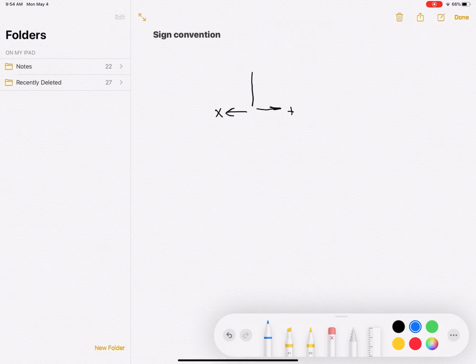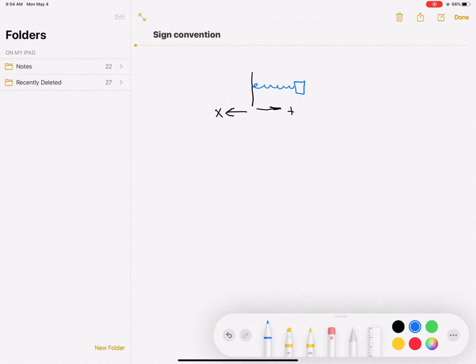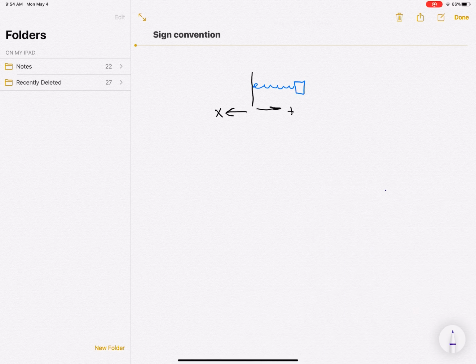So let's assume that I've got a spring mass system, and in this case the force is pointing this way as the spring expands.